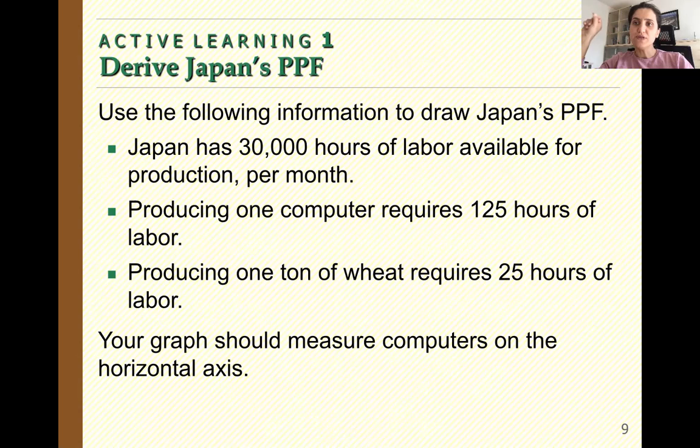If the country spends all of its resources, which is 30,000 hours of labor, on producing computers, how many computers can it produce? 30,000 divided by 125. If the country spends all of its resources on producing wheat, how many tons of wheat can it produce? 30,000 divided by 25.